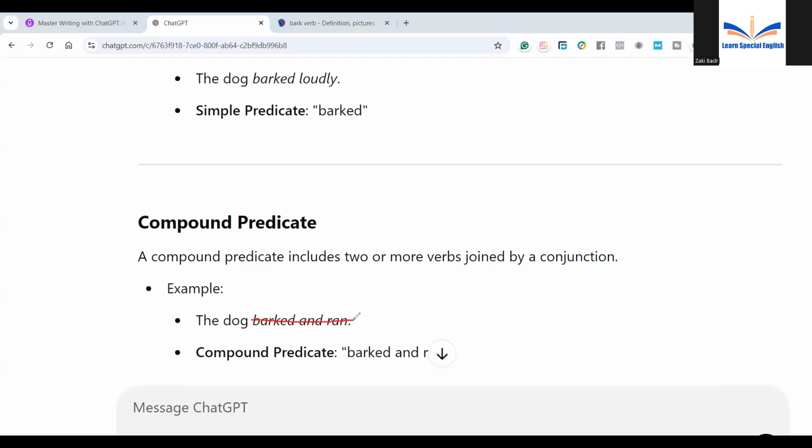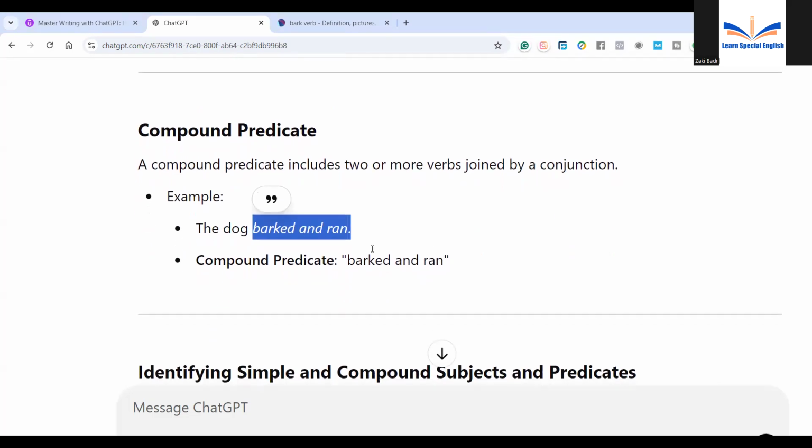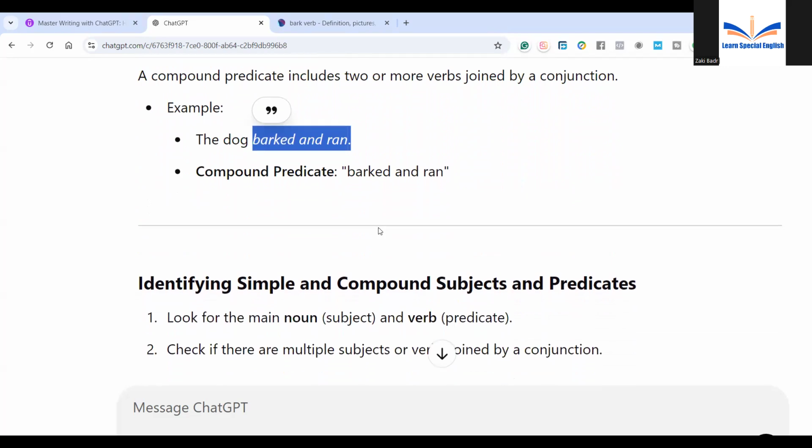What happened? What did the dog do? We don't know, right? So barked and ran complete the action the dog did. Now we understand what the dog did. So that's the predicate. And these are simple past verbs. Barked and ran are simple past verbs.